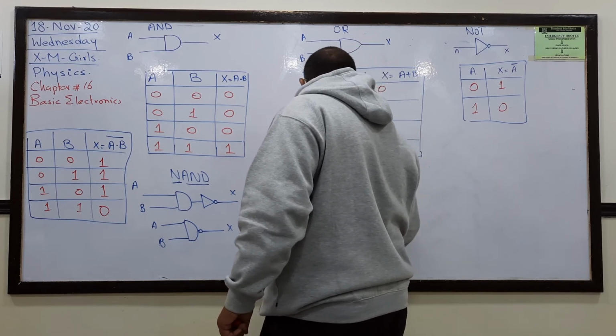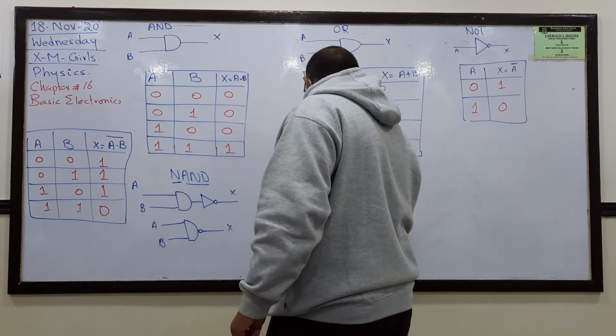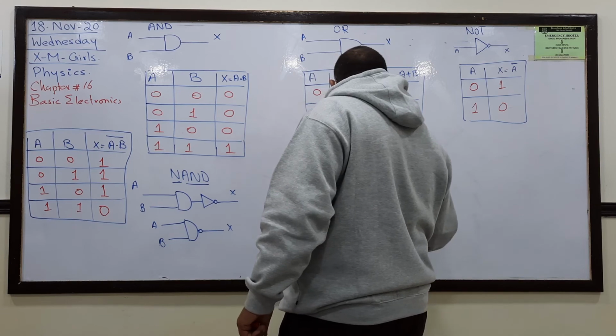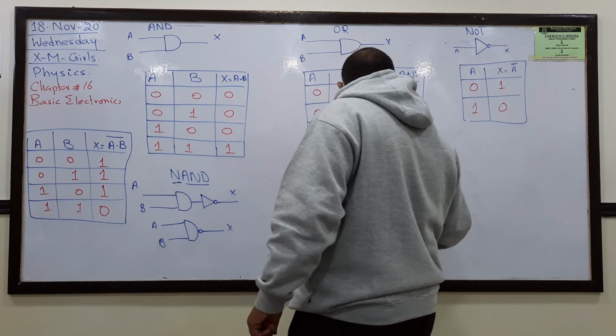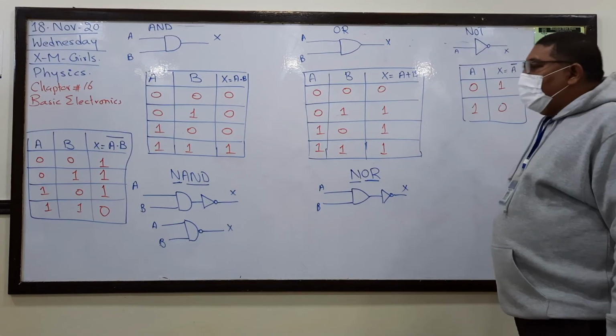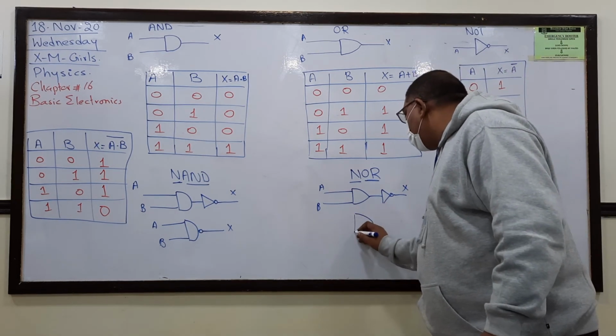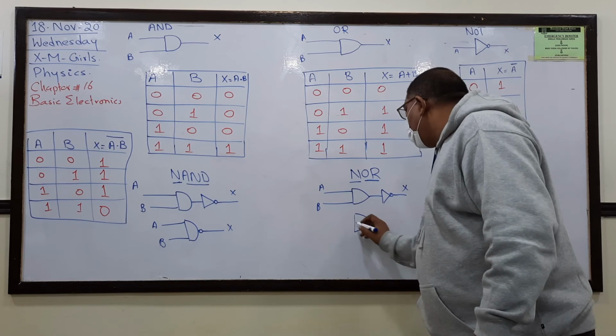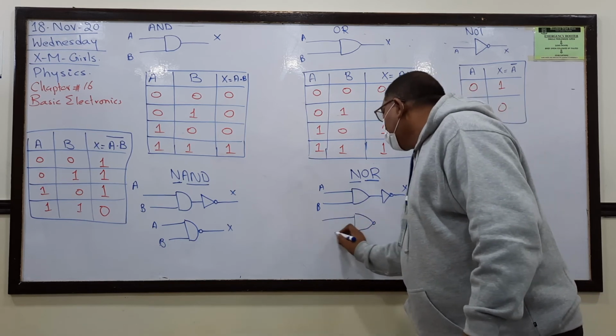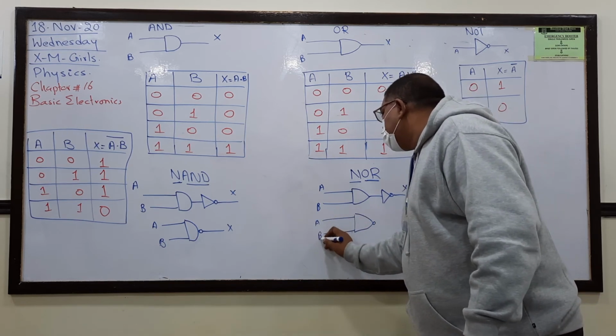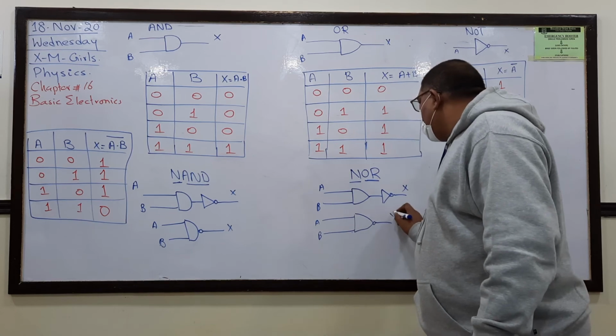It has two inputs, A and B. They are fed to a NOT gate, and there you get the output. Okay? This can be represented with this kind of diagram also. This circle means invert.